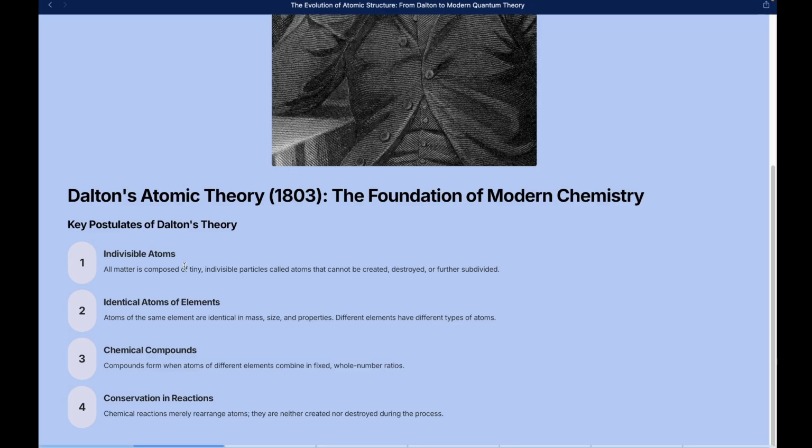Atoms cannot be broken down into smaller parts. The second point of this theory is identical atoms of elements. Atoms of the same element are exactly the same in every way, like all oxygen atoms are identical and all hydrogen atoms are identical.